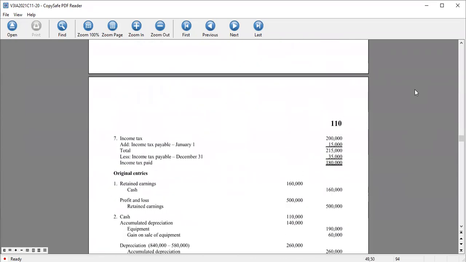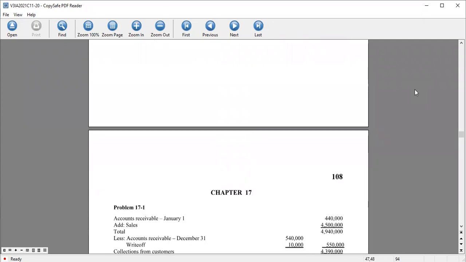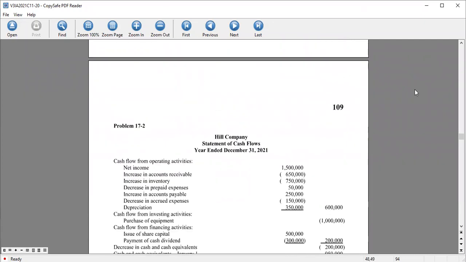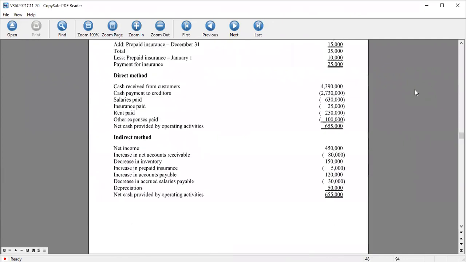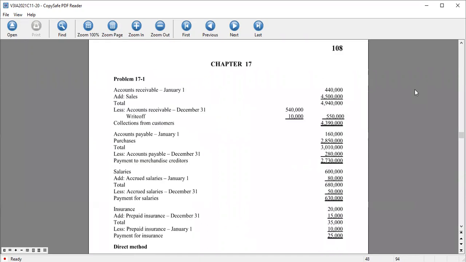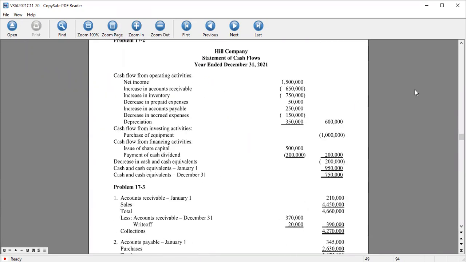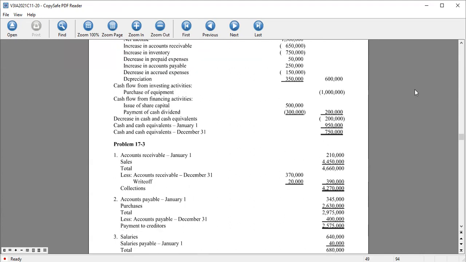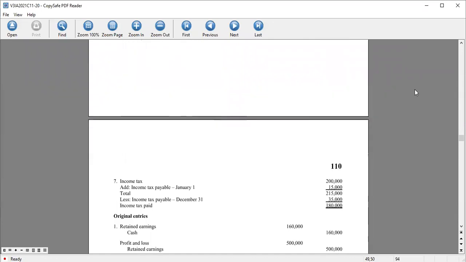So what I am going to do now is flash back, share screen, the solution to 17-1, and then I will already include 17-2, you try to study, and 17-3.